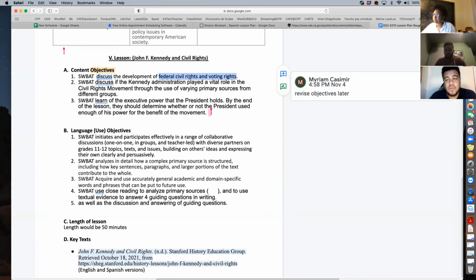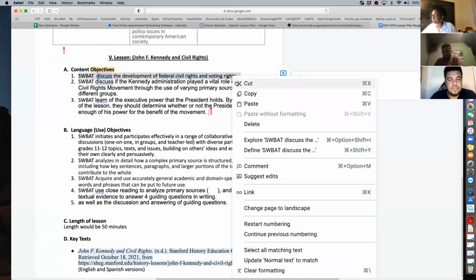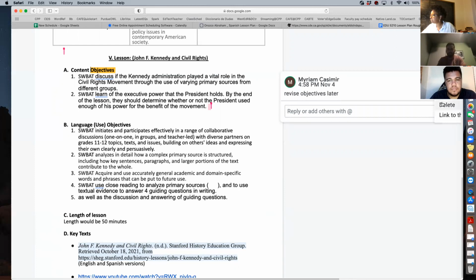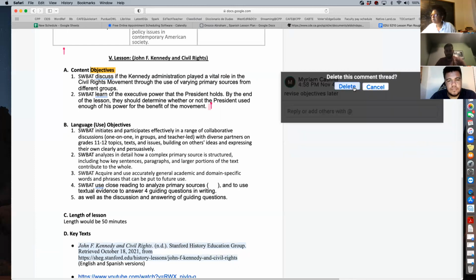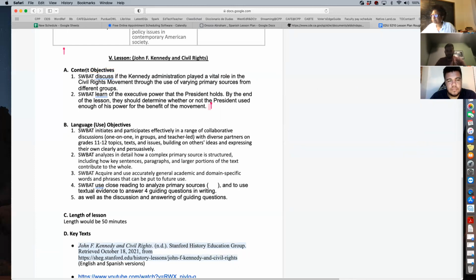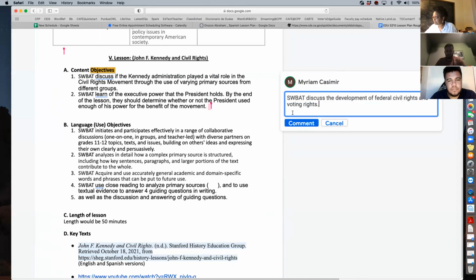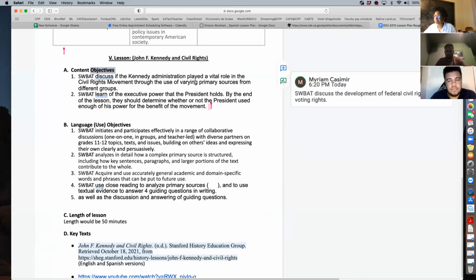No, that's probably more of a lesson that would take place beforehand. Okay. Yeah. So I'm gonna get rid of it. Let me cut it and paste it for something else, okay? I'm just gonna stick it in here. I hate deleting stuff on people's documents because what if they want it?